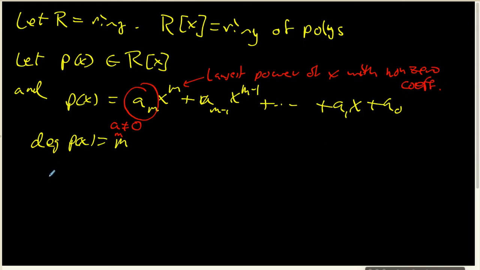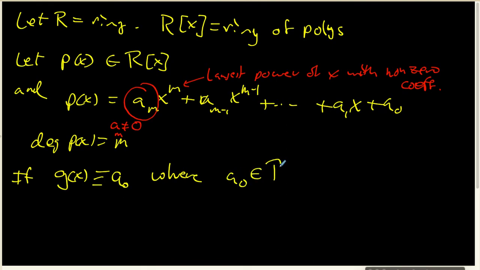Now, the tricky part is really when we start talking about degrees of constant polynomials, and that's what I really want to review with just a little bit of detail. So if I happen to have a polynomial, I'm just going to call it g(x), and it is identically equal to a_0, where a_0 is an element of my ring R, then one of two things happens.